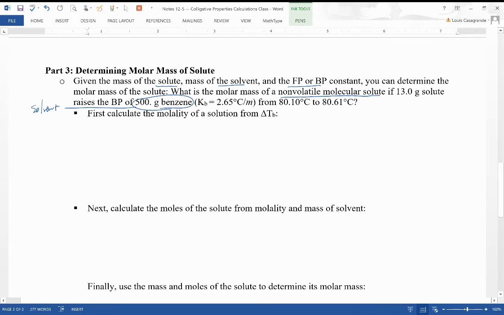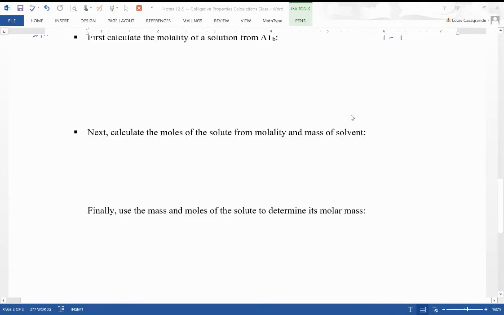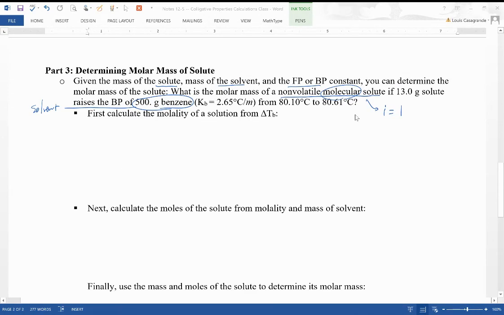When you see that, that tells you automatically that the i is equal to 1, a molecular solute, and it's non-volatile again for what we discussed up above. It can't evaporate. We have 13 grams of the solute, and what we want to know is what's its molar mass.